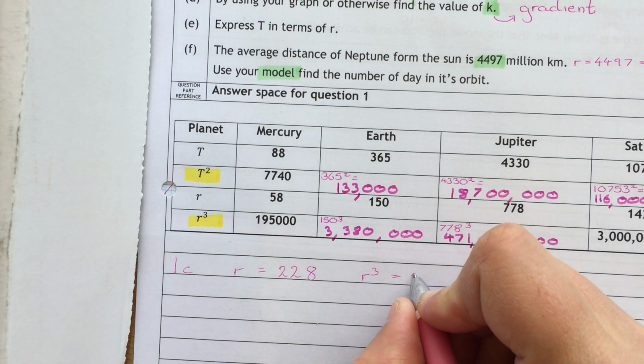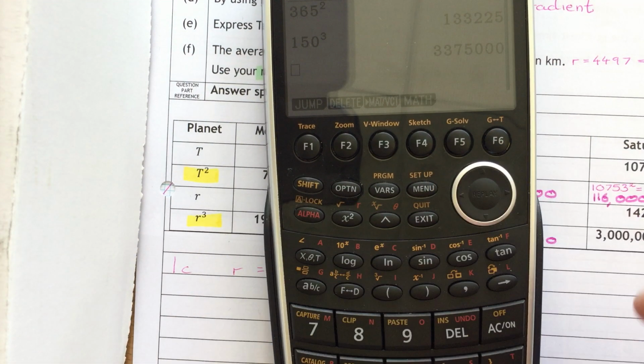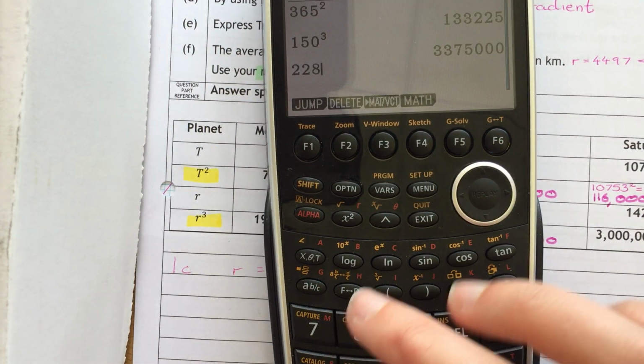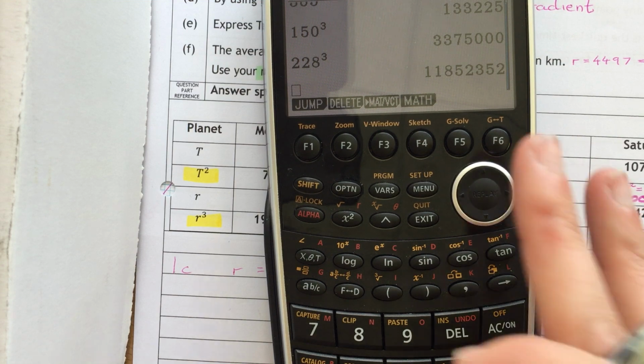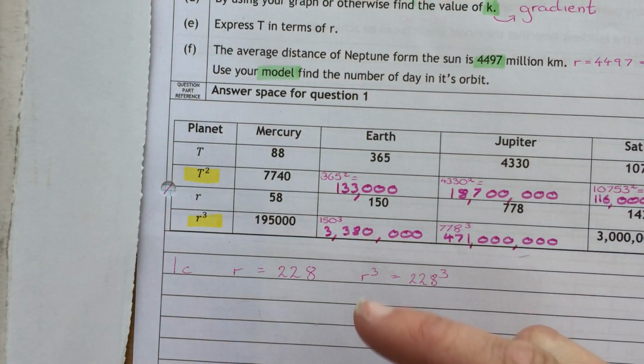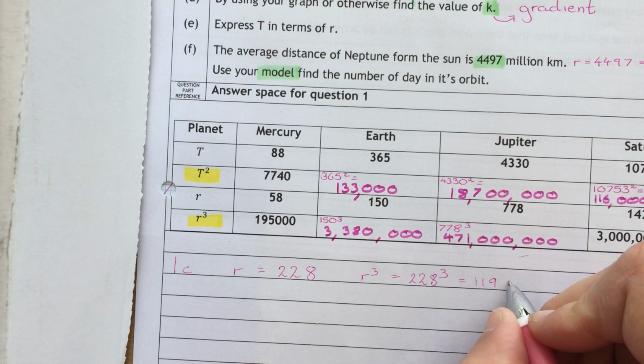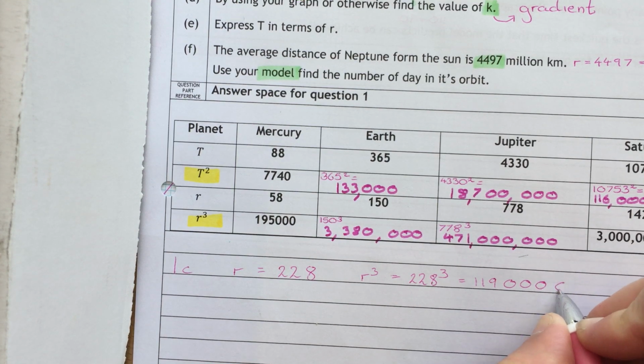So that's going to be 228 cubed. So 228 cubed is 11950. 119, 1, 2, 3, 4, 5.